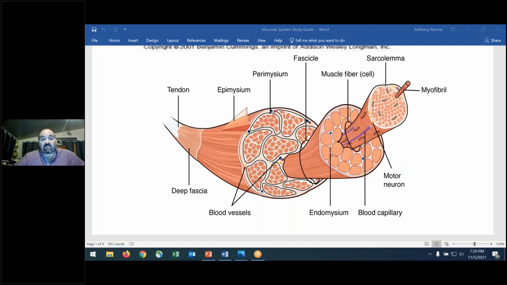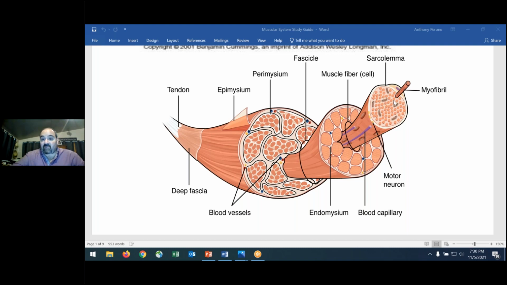This fascicle is comprised of many muscle fibers. The muscle fibers are covered in endomysium, that connective tissue covering. Understood? And then deep within, directly surrounding the muscle fiber, when you think of a cell, it has a plasma membrane. Well, the plasma membrane for a muscle fiber is the sarcolemma.